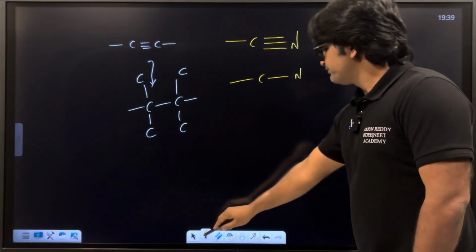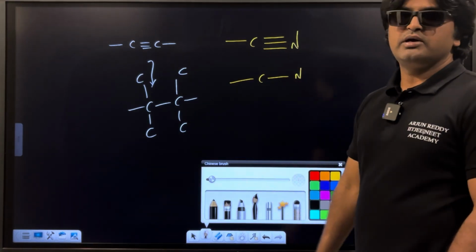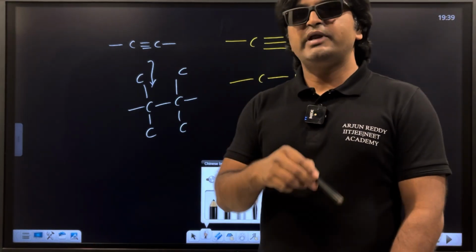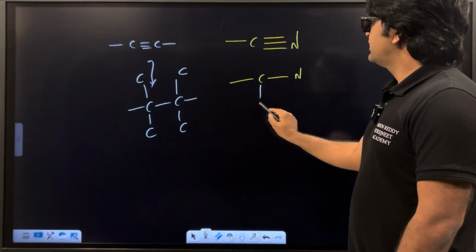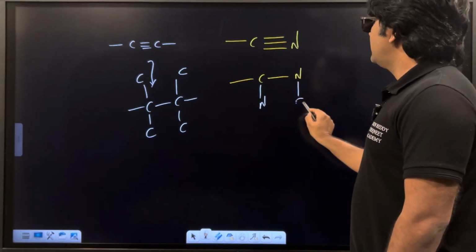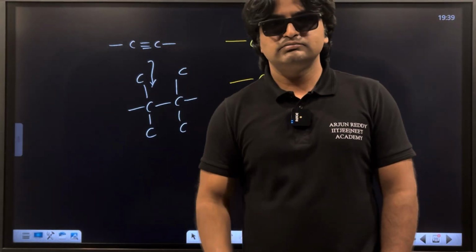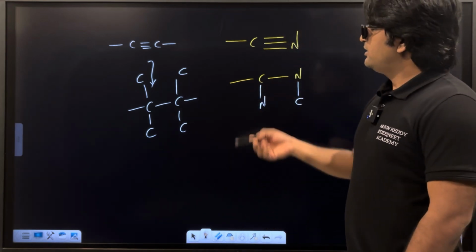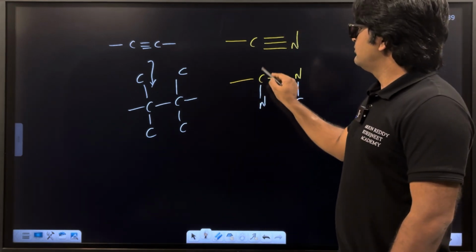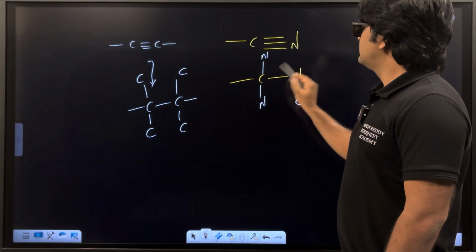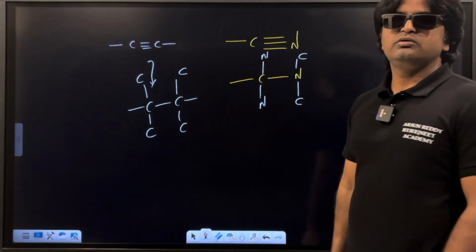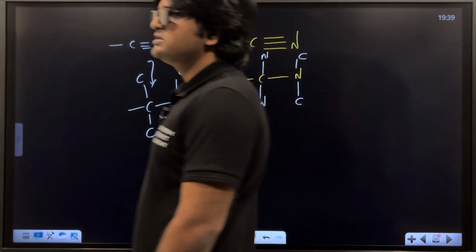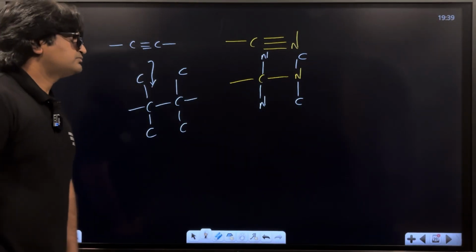Now we have one sigma bond and two pi bonds. If you break one pi bond, then nitrogen is connected to carbon and carbon is connected to nitrogen. If you break the second pi bond, again one more time, nitrogen is connected to carbon and carbon is connected to nitrogen. So that is the way of applying triplication.